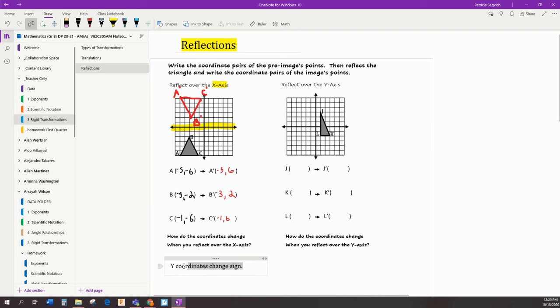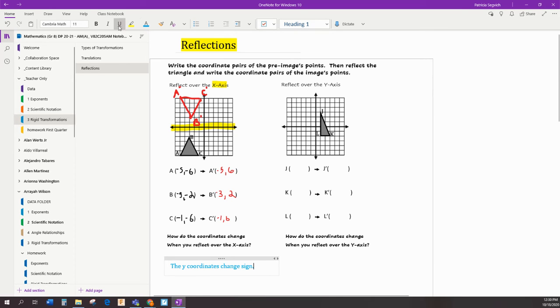When we reflect across the x-axis, I'm going to put the y. And I'm going to change this color so it stands out from all the black writing from the instructions. So that's when we reflect across the x-axis, our y coordinates are going to change signs. The x stays the same, but the y changes signs.